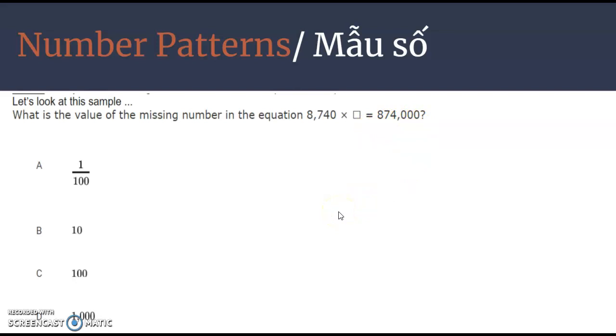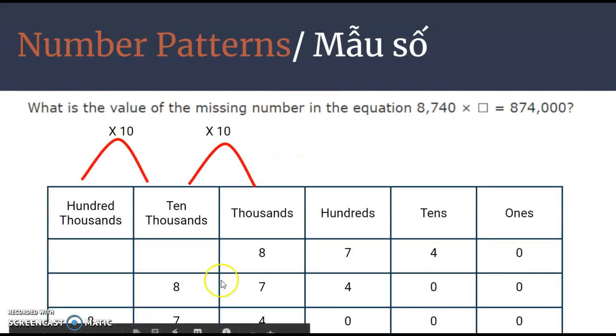Okay, so the first thing that I always do when I think about these problems is I always decide to put a place value chart. Okay, so that's what I did here. I created my place value chart.